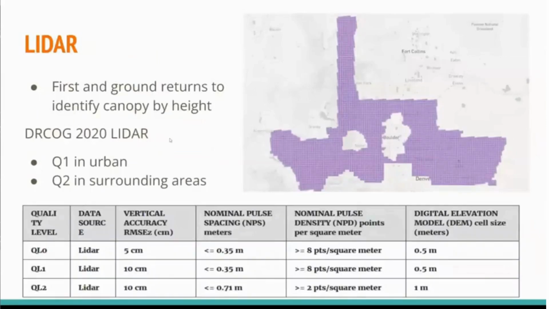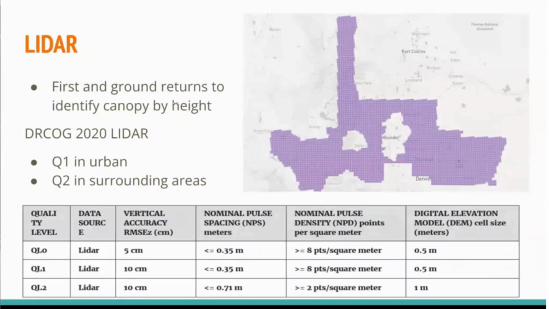And also there's a high quality LiDAR project that was acquired by the same organization in 2020, which covers most, if not all, of the Left Hand Creek watershed. So these are our two primary data sources.